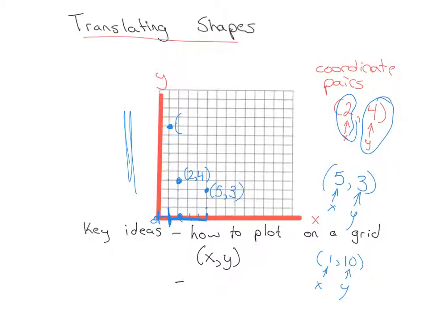So this point is (1, 10): 1 to the right, 10 up. This is how we plot coordinate pairs, or sometimes they're called ordered pairs. X value first, Y value second.